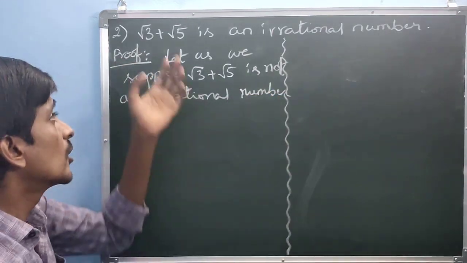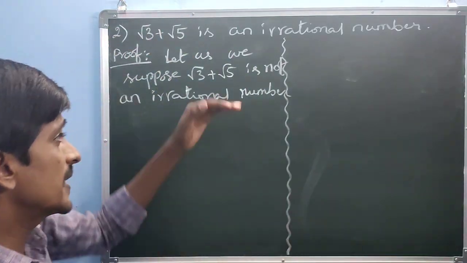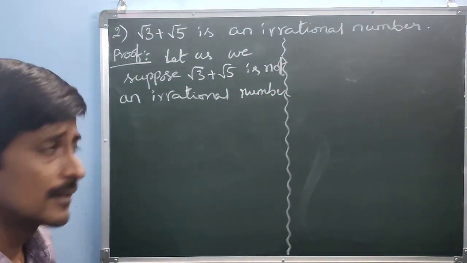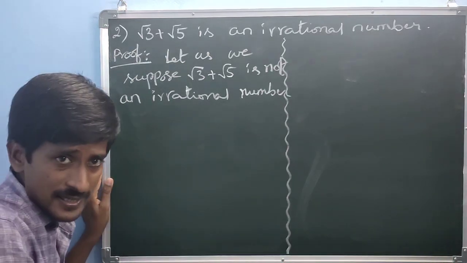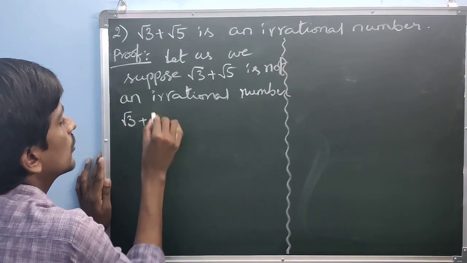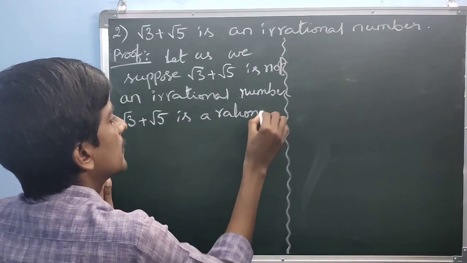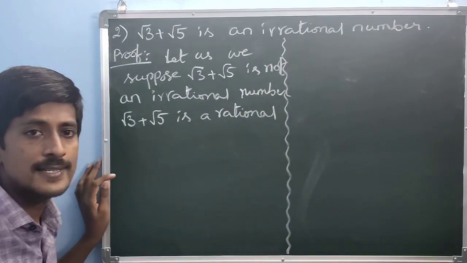If a number is not an irrational number, it must be a rational number. Therefore, root 3 plus root 5 is a rational number.